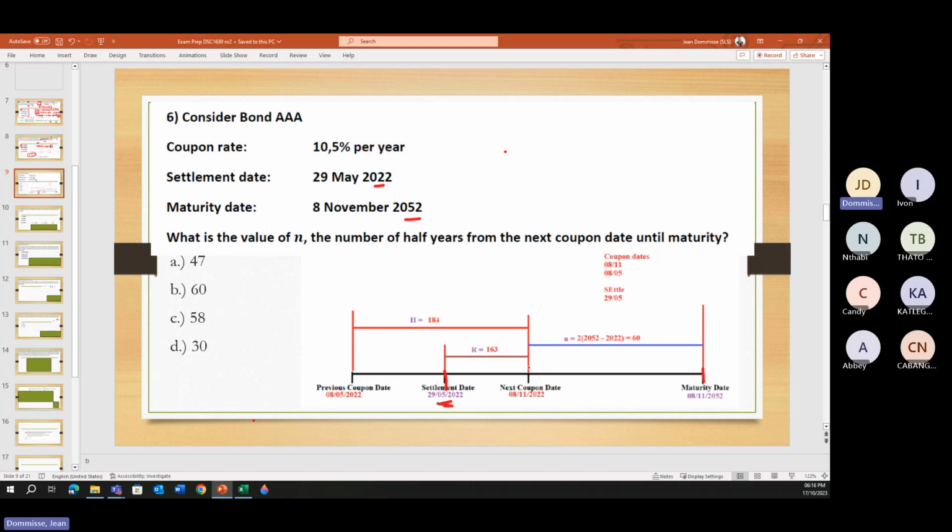From that period up until the 8th of November 2052, that is 30 years. That is why the 30 was given, but it is not the answer. Remember with coupons, we're always working in half years, so it's 30 times 2 that gives us the 60.